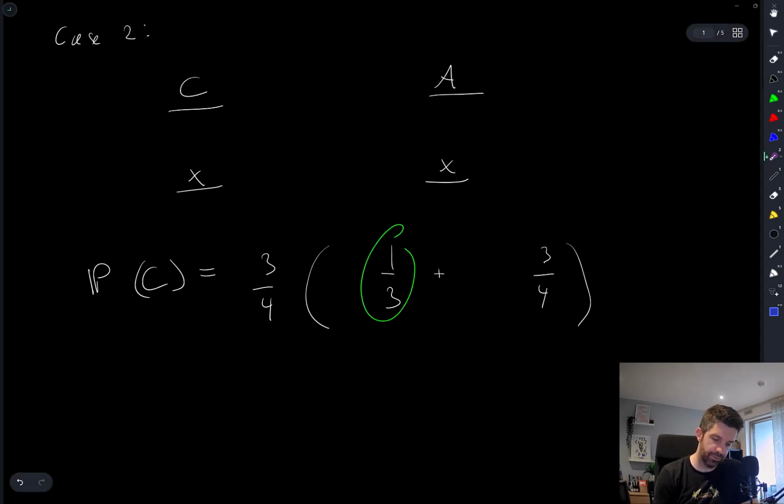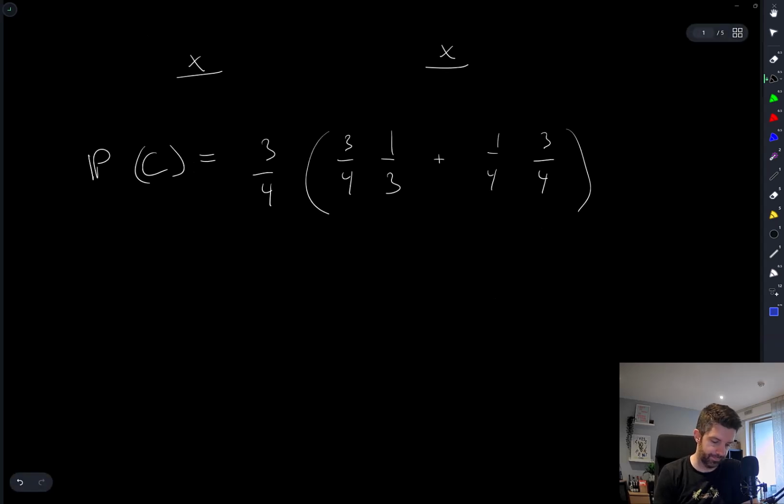What is the probability that Azar wins the other match? It's 3/4, and the probability that X wins is 1/4. So 1/3 times 3/4 is 1/4 plus 3/16, and let's write that as 4/16.